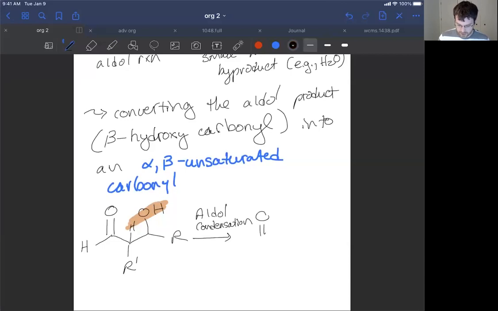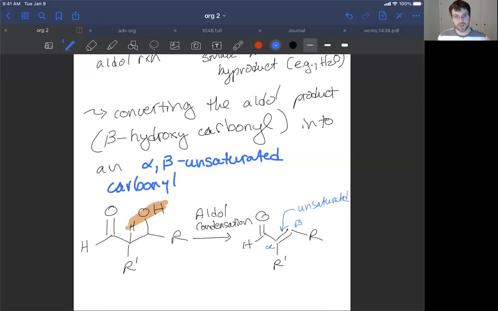Now the outcome in terms of our carbon atoms is that we're going to see this product being formed. Our site of unsaturation has been added to the molecule, hence the term unsaturated carbonyl. We have a carbonyl present, but we have a site of unsaturation nearby that carbonyl. Additionally, I want to point out that the unsaturation extends from the alpha position to the beta position.